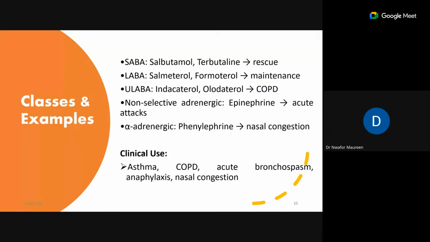As I mentioned earlier, SABA is the short-acting beta-2 agonist. You have your albuterol, salbutamol, as the case may be. We use it in acute care, in emergency, in an acute attack to rescue that patient. We prefer to use this short-acting beta-2 agonist.